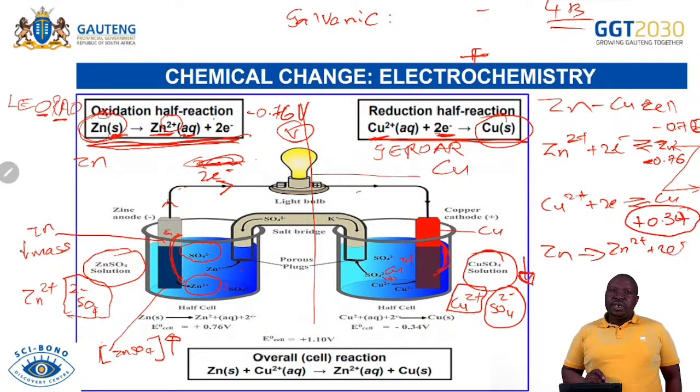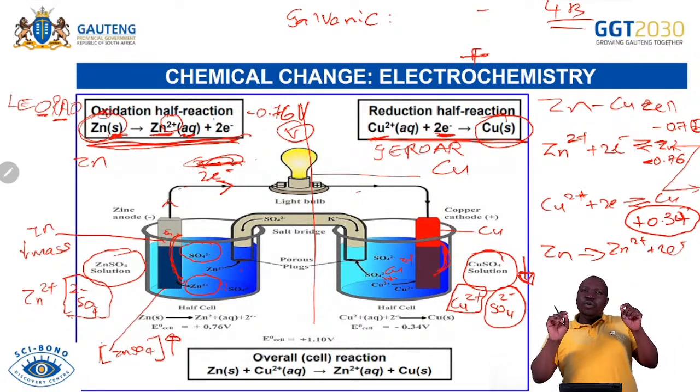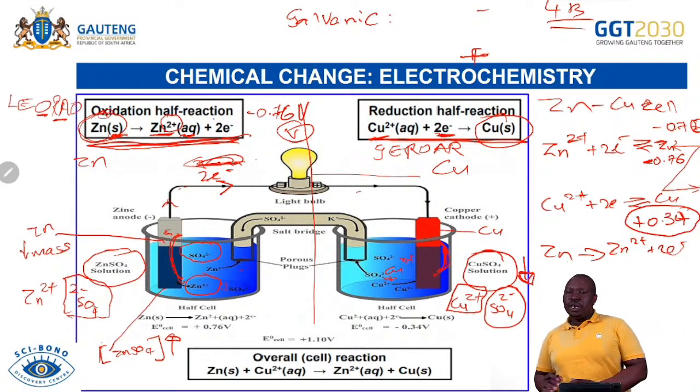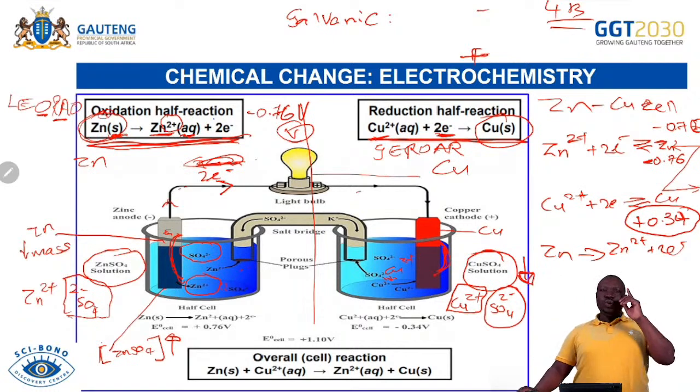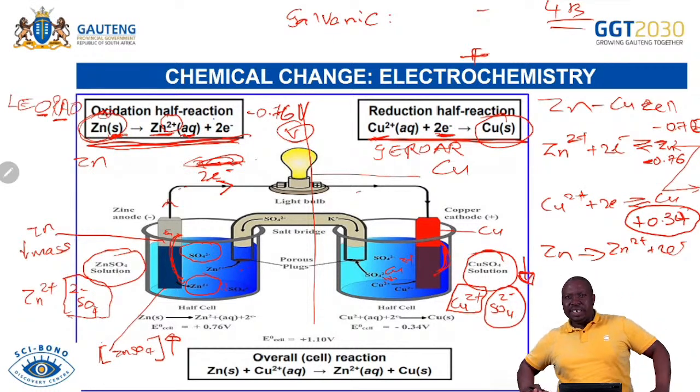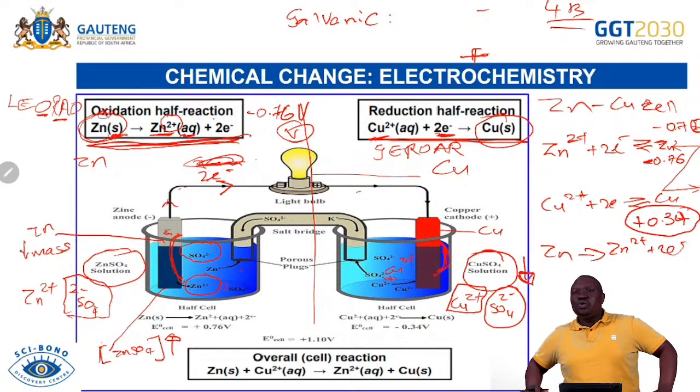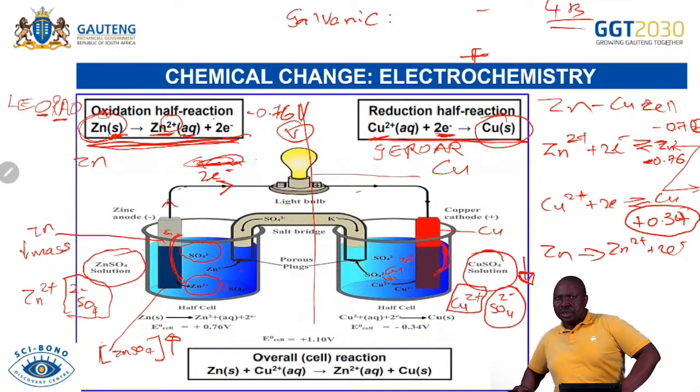So I hope now you understand how I know which one will lose electrons and which one will gain electrons. We have zinc, we have copper, they are all metals. Because of that, we go to the table of standard reduction potential.